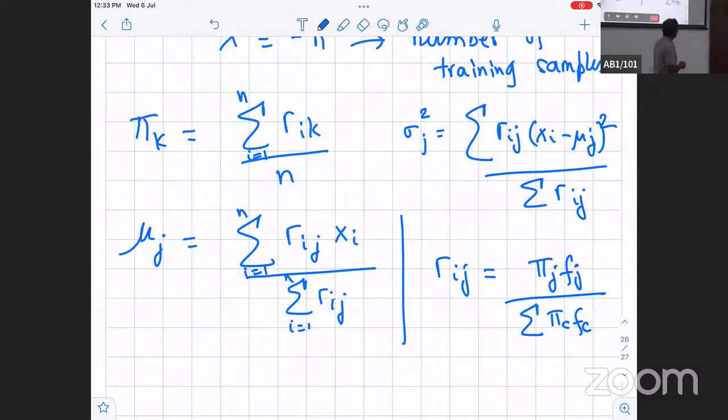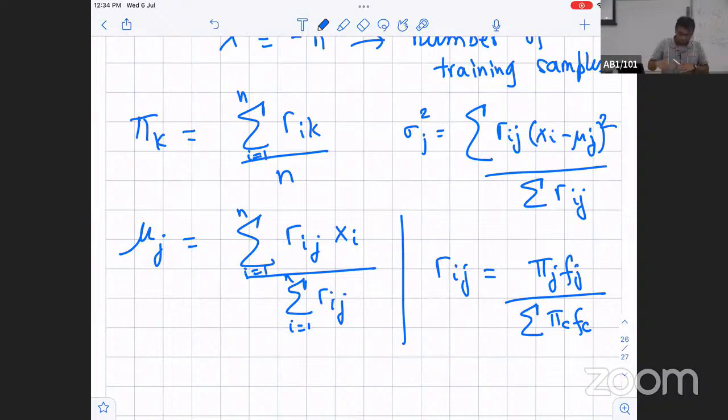If I sum over all possible values of j, what do I get? It is a probability. It sums to 1, right? If I sum over all j, it will be pi1 f1 plus pi2 f2 and so on, all coming in the numerator, which is the same as the denominator. So it becomes 1. So what was a deterministic assignment, perfectly known here, has become probabilistic there. Do you see the connection?